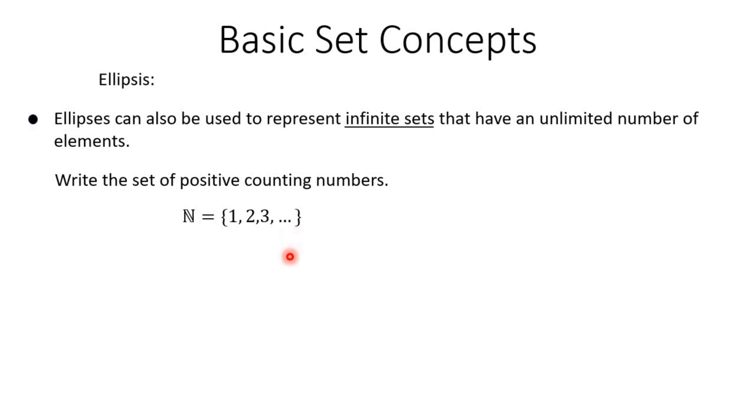This special set is called the set of natural numbers. So whenever you see this symbol, it represents the set of natural numbers, which are just the numbers we use to count. There's an infinite number of those. There's no end to counting. You can't count to the largest number. That's what infinity kind of represents.